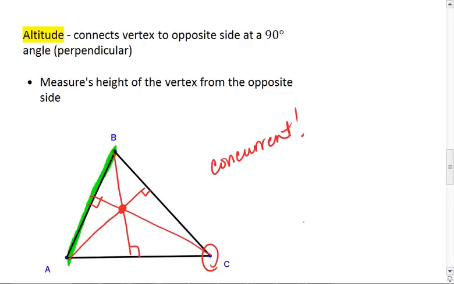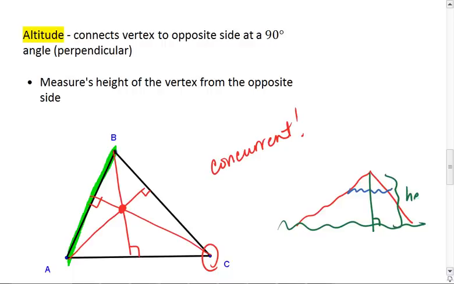So the altitude of a mountain, say we have our happy little snow-capped mountain. The altitude is not talking about the distance to climb up the mountain. The altitude is talking about the mountain's sheer vertical height.